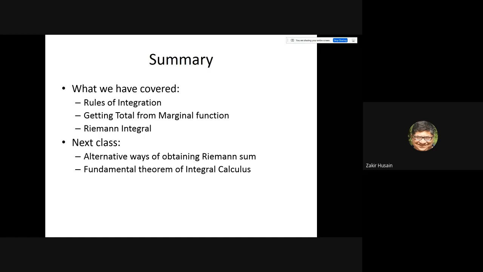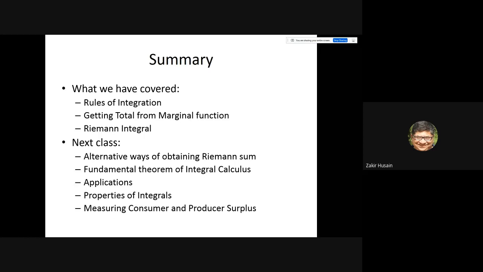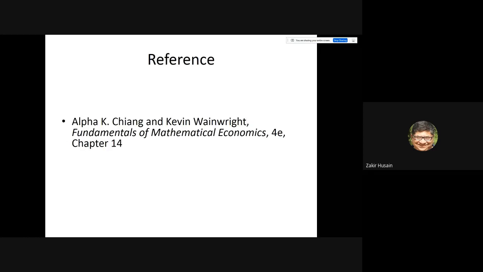We are going to go into the fundamental theorems of integral calculus, and we are going to start some applications: properties of integrals if we have time, consumer and producer surplus. I don't think I can cover that much, but at least in the next two classes. Okay. So the reference, as I've told you, the text is Hoy. The reference is Chiang and Wainwright, chapter 14. Okay.